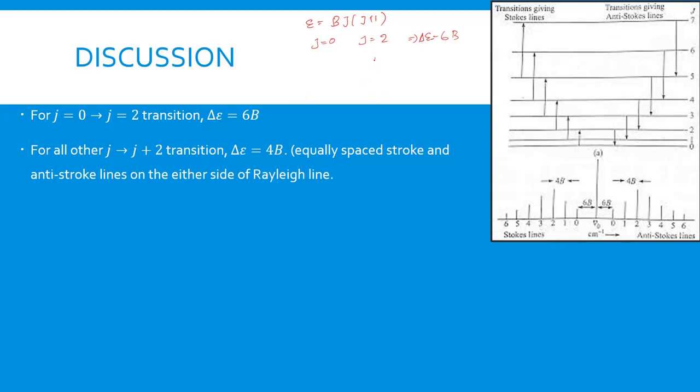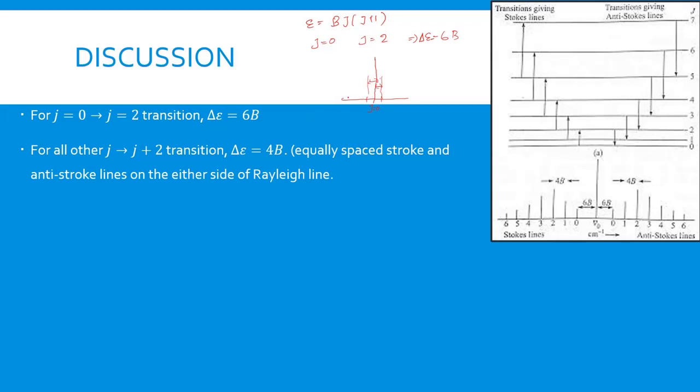Therefore, if you have the Rayleigh lines, the first transition occurring will be at J is equal to 0. The first transition we will find here, and that will be at a distance of 6B from the characteristic line, or the Rayleigh line.